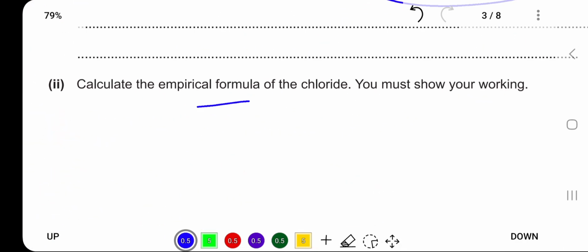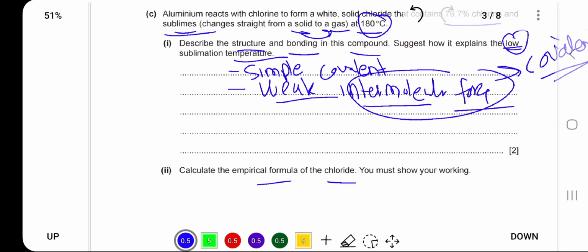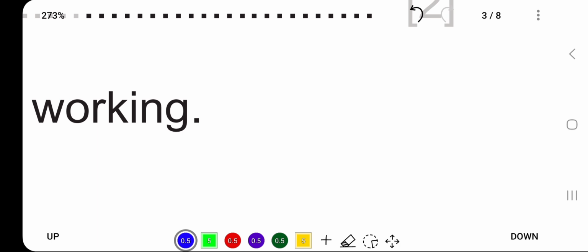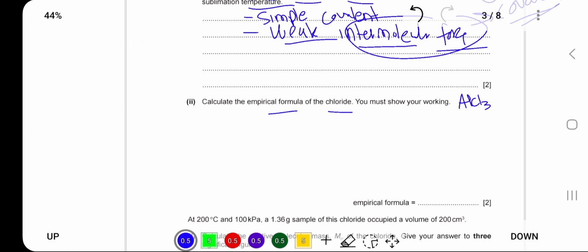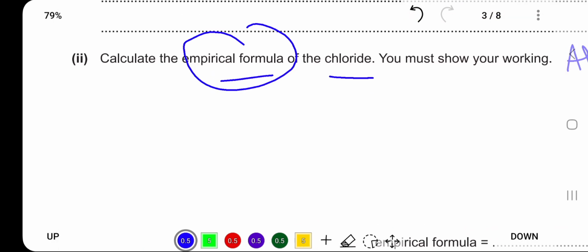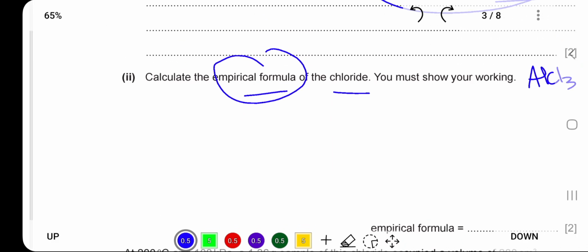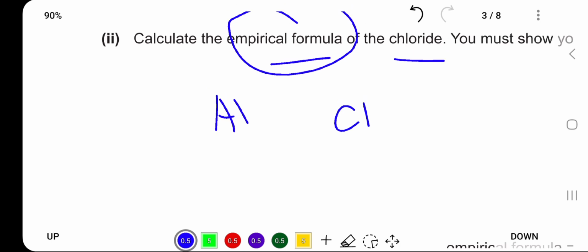Calculate the empirical formula of the chloride. You must show your working. The chloride, right? AlCl3. Now we know that there are steps to calculate the empirical formula, which you should learn. You have Al and Cl.